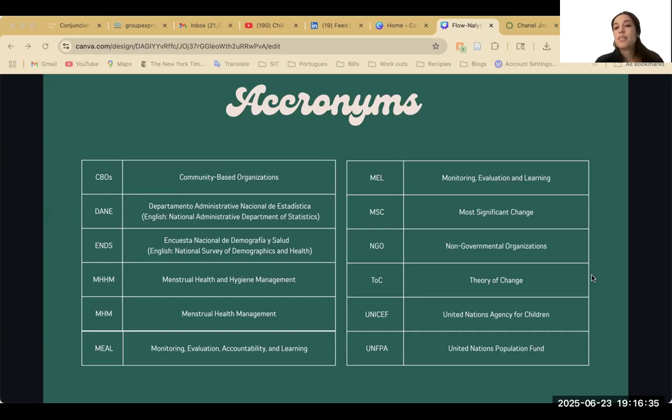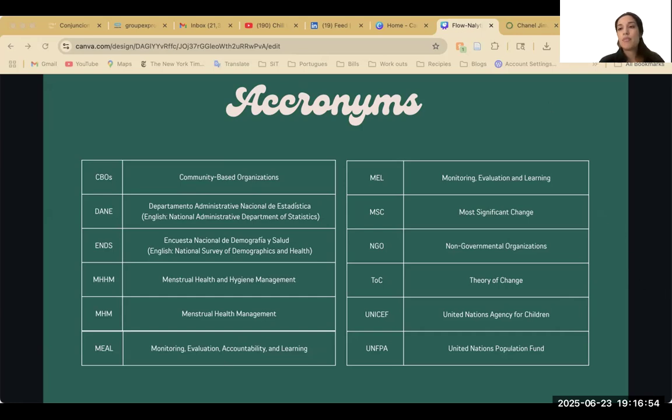Then we have MSC, most significant change. We have NGO, that's one that's pretty common, non-governmental organizations. Theory of change. UNICEF, which is also very common, and UNFPA, which is not as common, but it's the United Nations Population Fund.